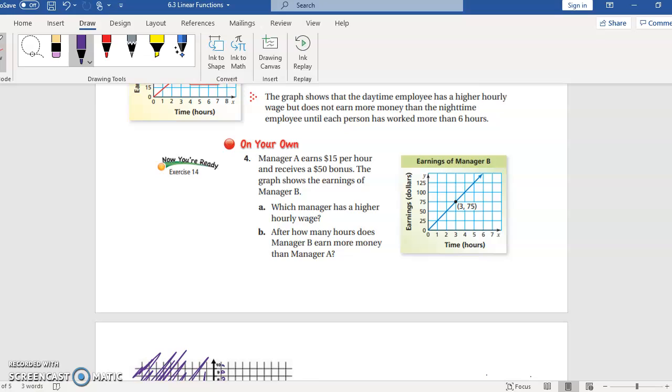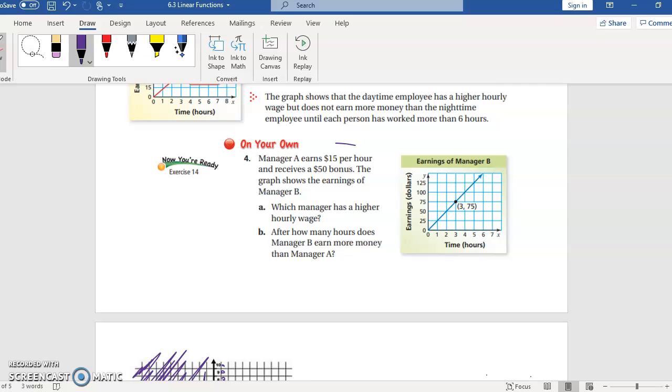Manager A earns $15 per hour and receives a $50 bonus. The graph shows the earnings of Manager B. Which manager has the higher hourly wage? So Manager A makes $15 per hour.